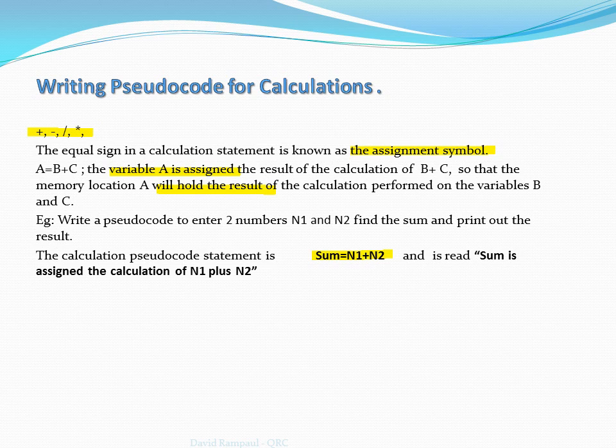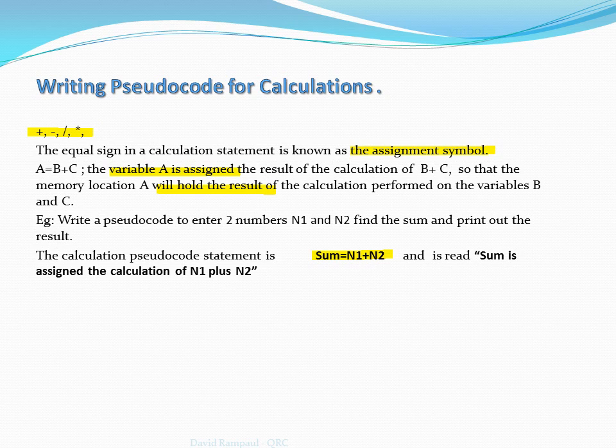So therefore, we would be looking at A equals B plus C, which really means the variable A is assigned the result of the calculation of B plus C, so that the memory location A will now hold the result of the calculation performed on the variables B plus C.